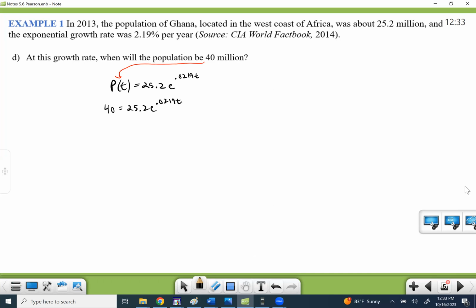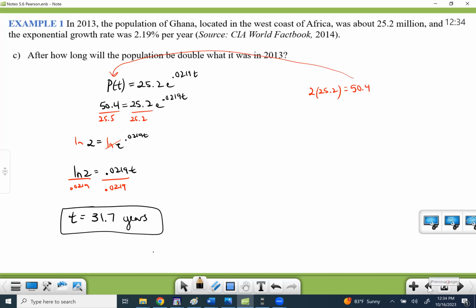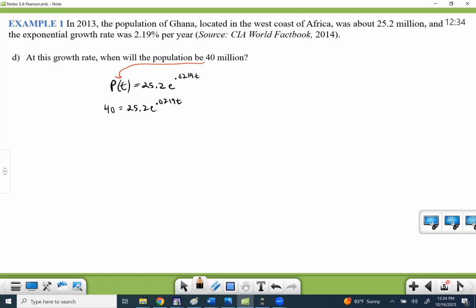Just to give us some setting here, it took 31.7 years to make it to 50.4. We're only wanting 40, so it should definitely be less than 31.7 years. Let's do the math.